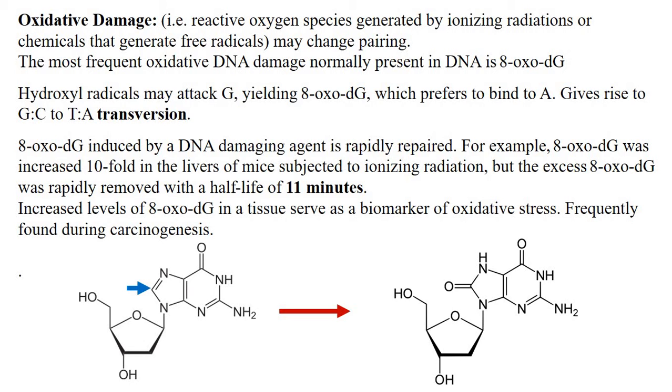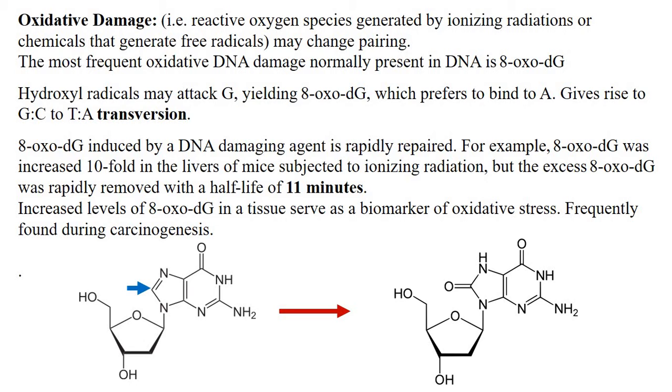These increased levels of 8-oxo-dG, or 8-oxo-deoxyguanosine, serve as a marker of oxidative stress, because a higher level of oxidative stress leads to a higher level of 8-oxo-dG formation as well. Although most of this 8-oxo-dG will be removed in a healthy cell, if something happens in a healthy organism and the level of 8-oxo-dG is high, that will be removed.